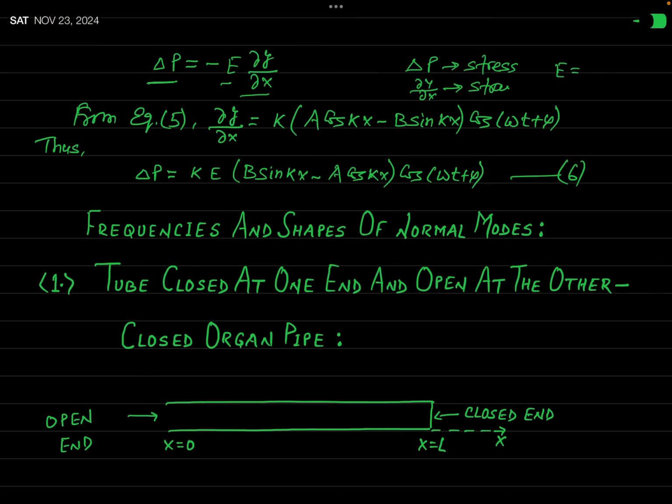So you have seen earlier that this delta P is given as minus E times del y by del x. Now if you want to find the value of this delta P, then you must find the value of this del y by del x.